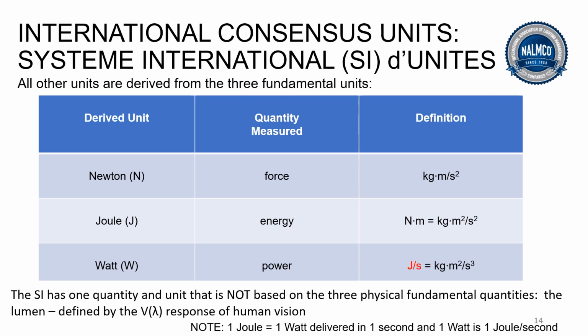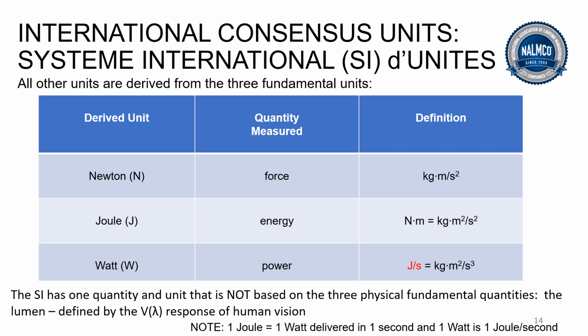Now, obviously, we have a lot of other units than distance and time and mass. But this tabulation shows you how some important quantities that we'll be using, energy and power, are actually related back to those three fundamental units.